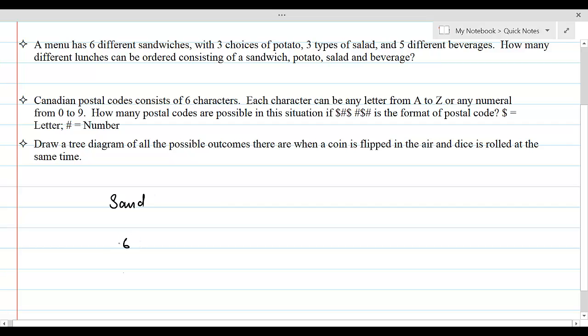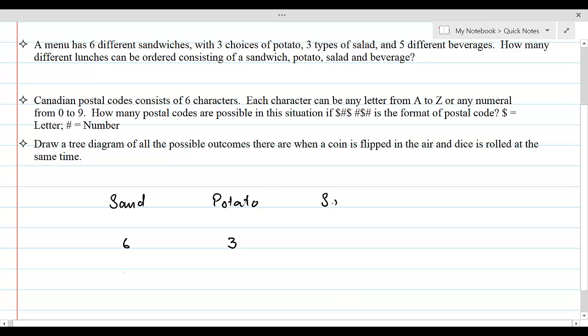So let's write that down. And with each sandwich, there are 3 different choices for potato. So let's write down potato as well. Potato. And their number of choices are 3 here. Let's write down 3. And after potato has been selected, there are 3 different types of salads.